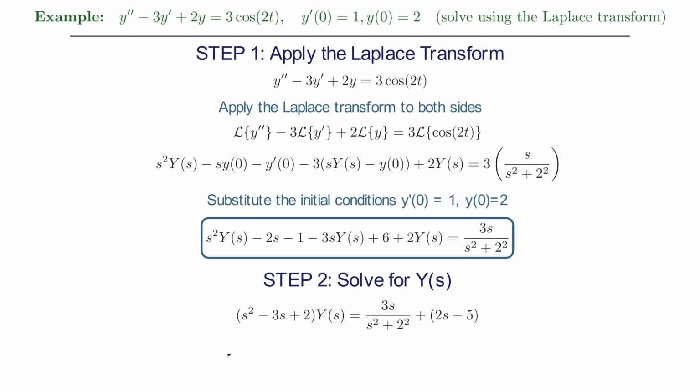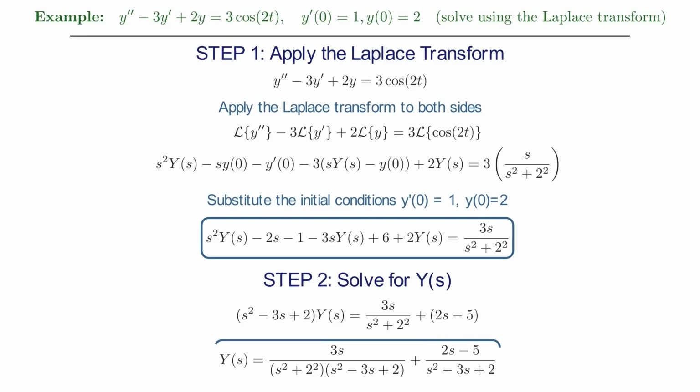This gives us that Y(s) is equal to 3s over (s squared plus 2 squared)(s squared minus 3s plus 2) plus (2s minus 5) over (s squared minus 3s plus 2). And this is the solution for Y(s) in the s domain.